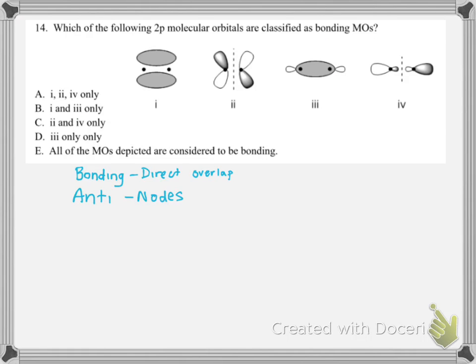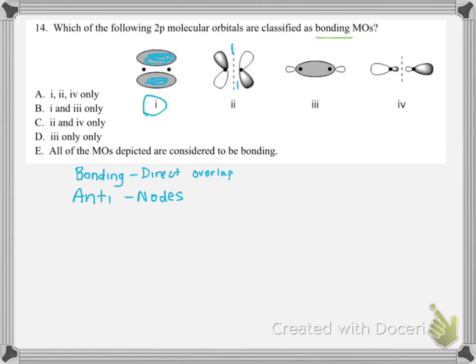So 14 is asking about molecular orbitals, and which of the following diagrams give us bonding molecular orbitals. We know that bonding orbitals are when we have overlap, whereas with antibonding orbitals we have nodes, which are areas where electrons can't exist. We can see here we have that overlap, so this would be bonding.